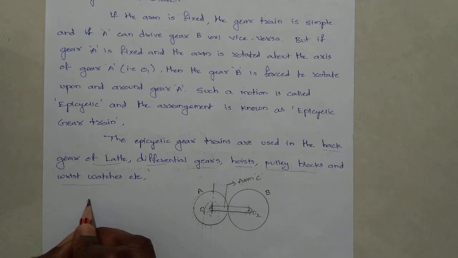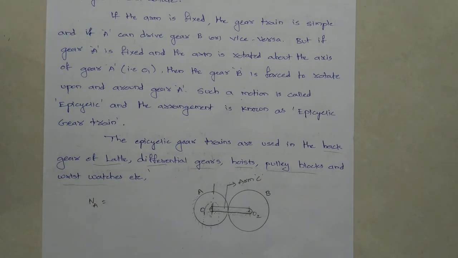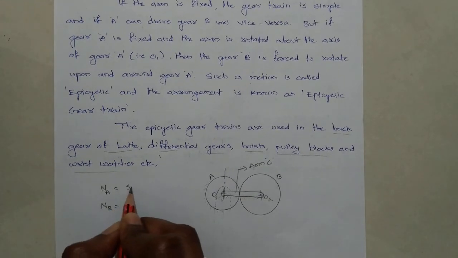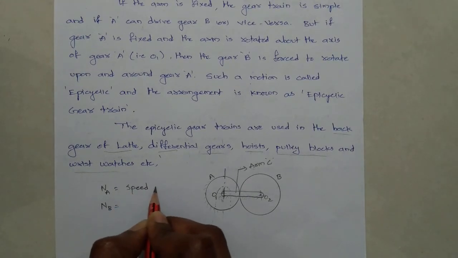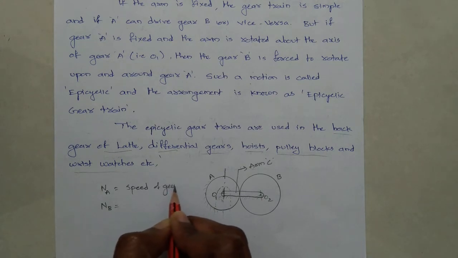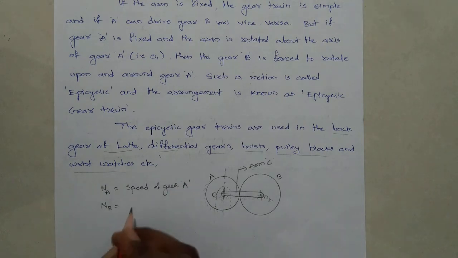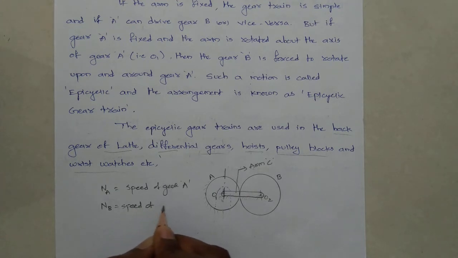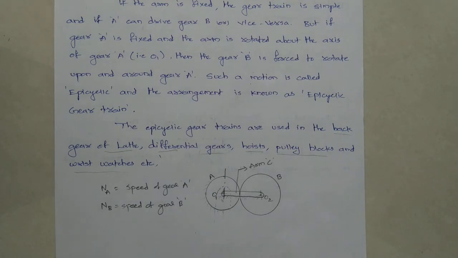If NA is the speed of gear A and NB is the speed of gear B, right?